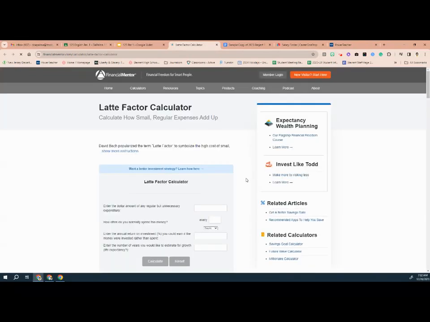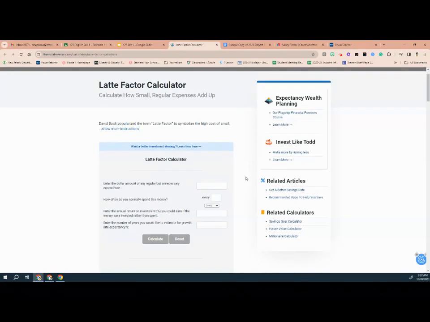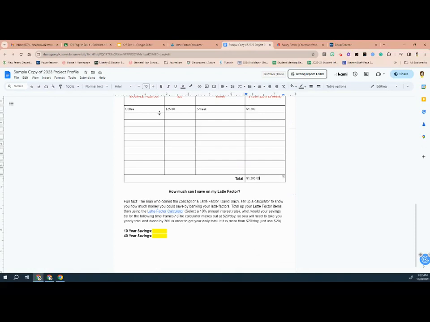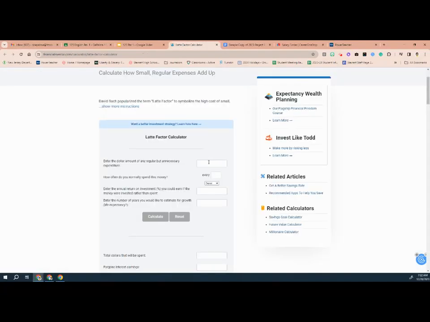Now, here's how this calculator works. You're going to pick the dollar amount. If I'm spending it weekly, I suggest you take this weekly amount of $25 and put it here, 25. How often do I spend that? Every 1 week.